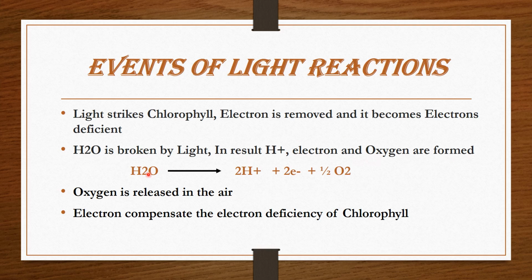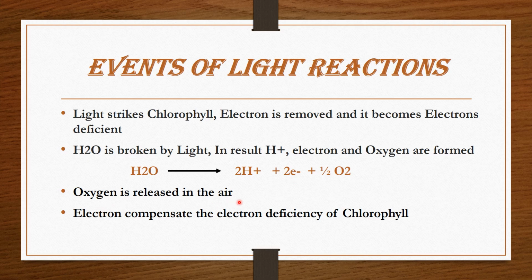In the chemical reaction, H2O is broken down by light. Two hydrogens are separated, two electrons are separated, and one oxygen is separated. So oxygen, hydrogen ions and electrons are formed.